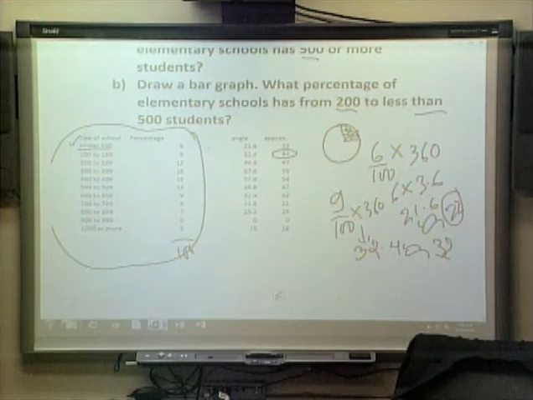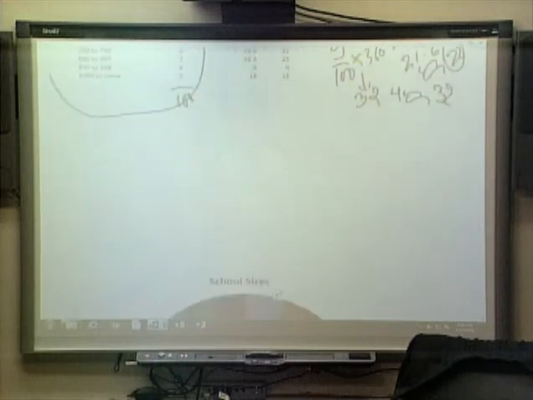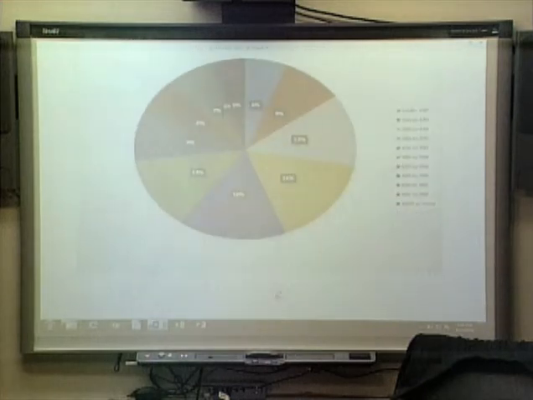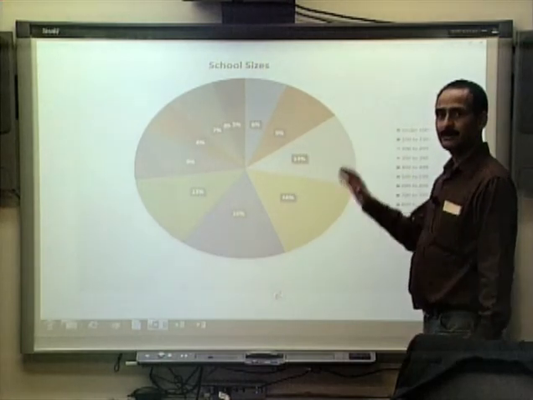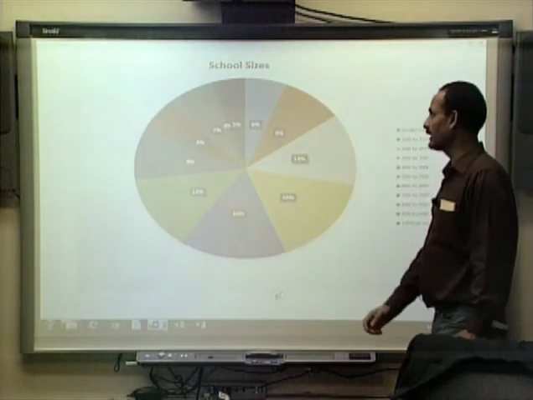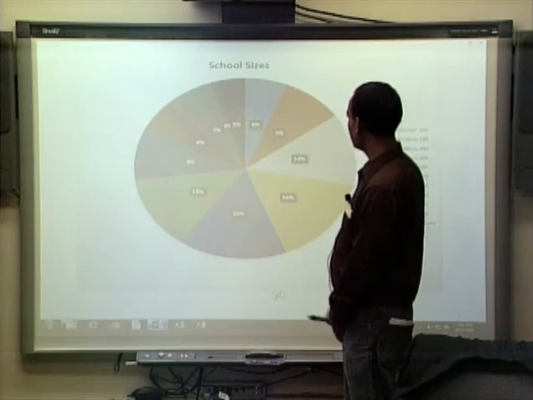Drawing by hand, I make a mess, so I will show you a pie graph generated for that particular data using a computer.